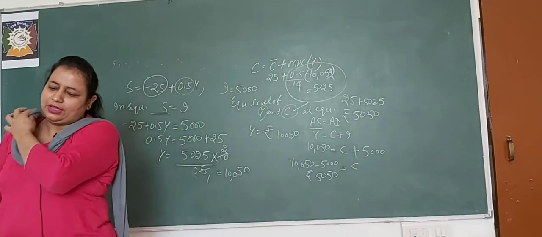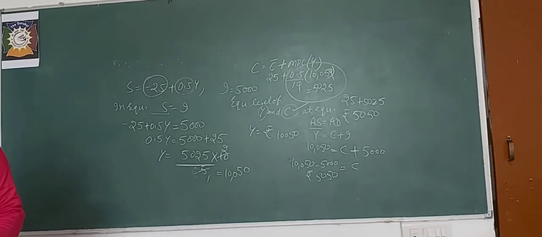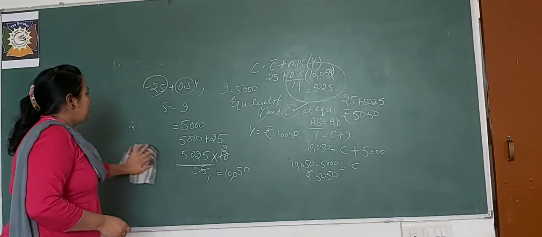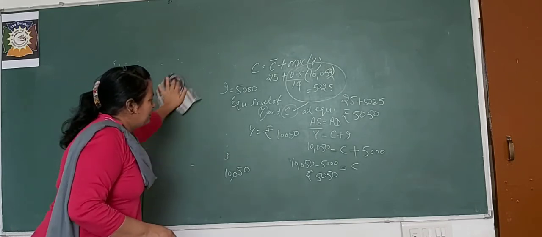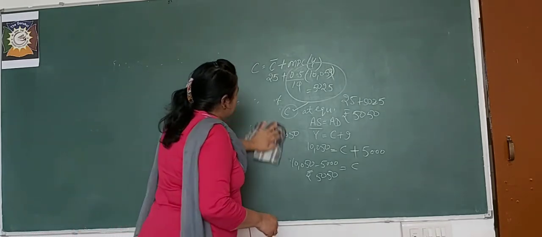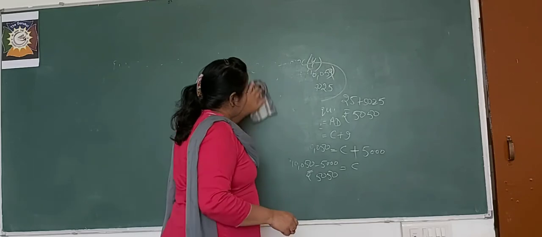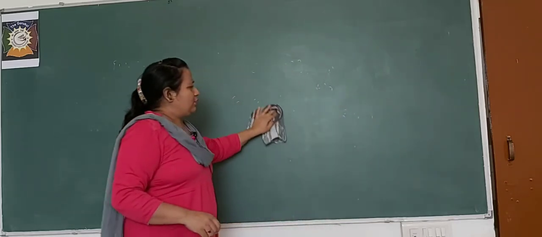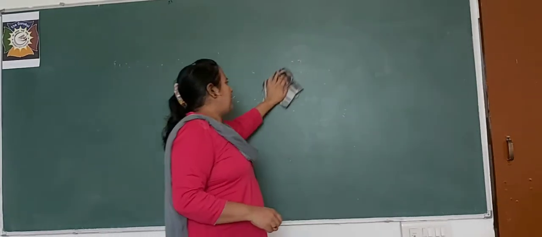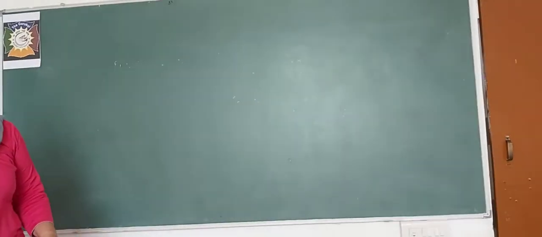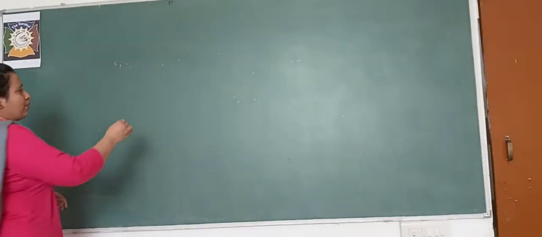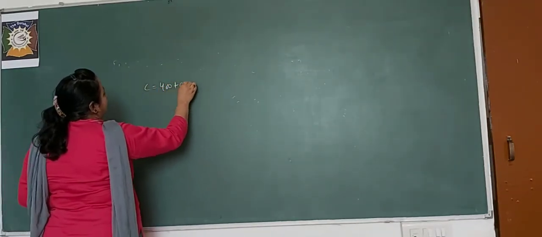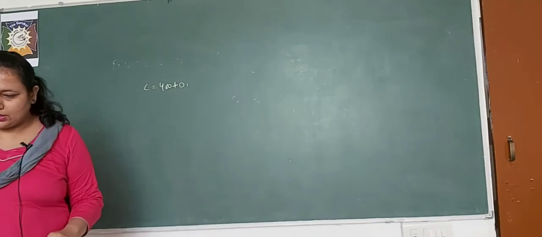You can find it. Next question I have. When C is given, C means complete equation is given. Consumption function is given. We know C bar plus MPC into Y. We know this thing. So we will solve it accordingly. The statement is given, C is equal to 400 plus 0.9Y.